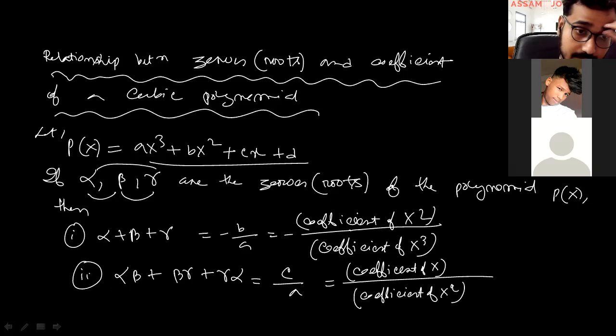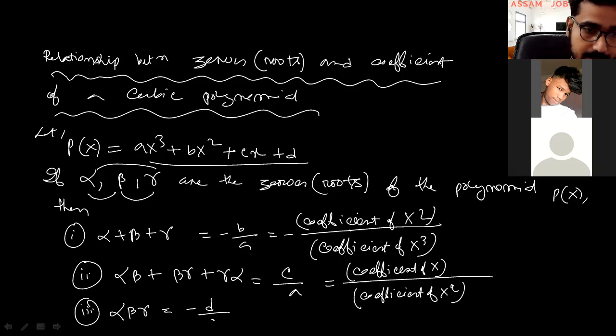Now the product of the three roots all together, that means alpha beta gamma, will be minus d by a. See, this is the product of the roots in pair, that means alpha beta, beta gamma, and gamma alpha, and this is the product of the three roots all together. So it will be minus d by a.